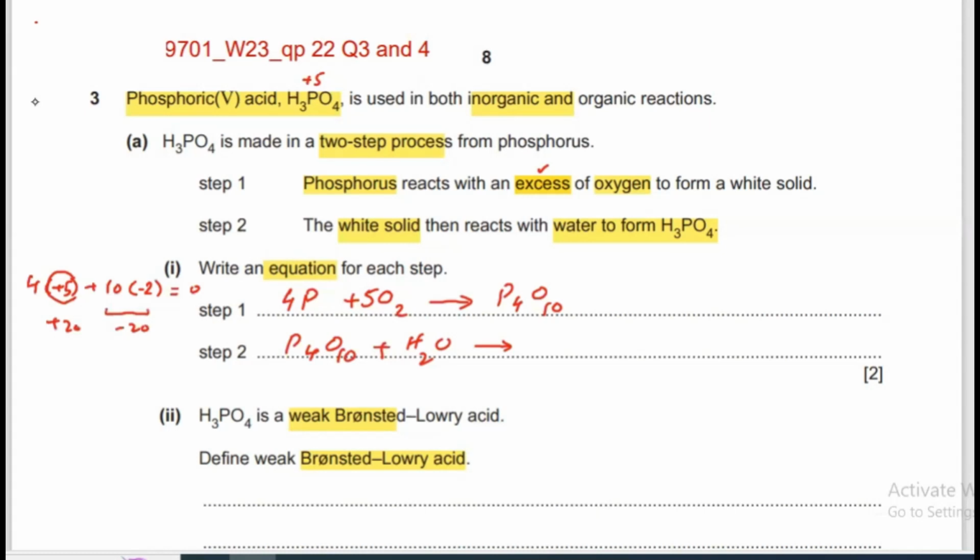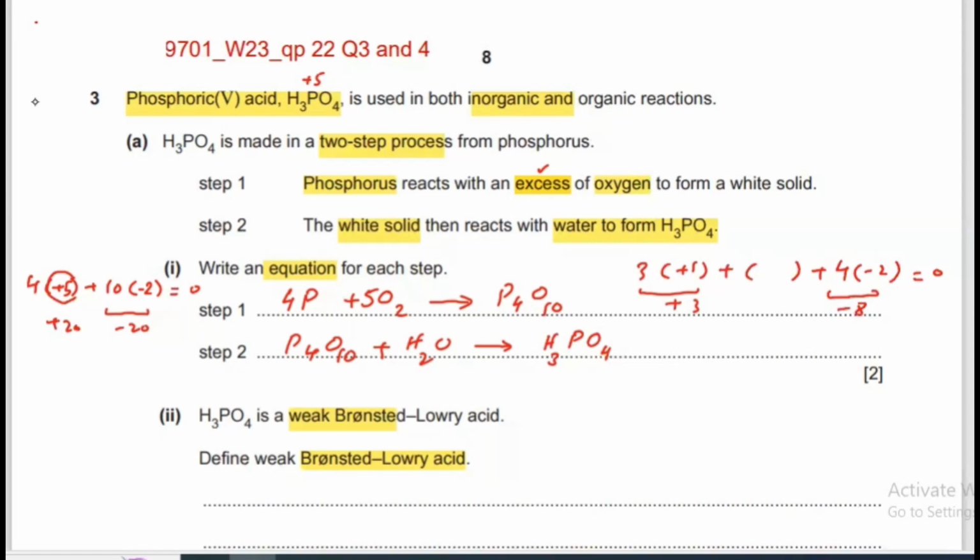So we have to make that product in which the phosphorus has +5 oxidation state, like H3PO4. In H3PO4, there are 3 hydrogen, then 1 phosphorus, and then 4 oxygen. This is -2, and hydrogen is always +1, except in a metal hydride. So this is +3, and this is -8.